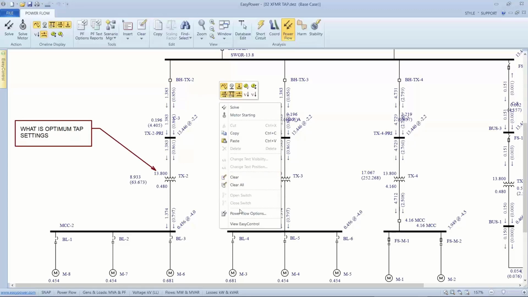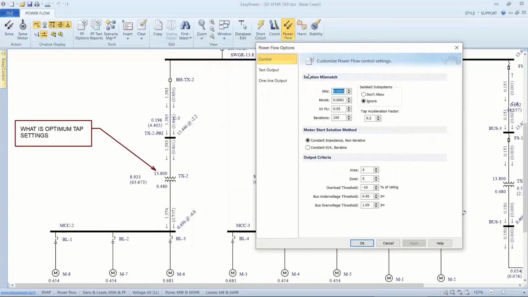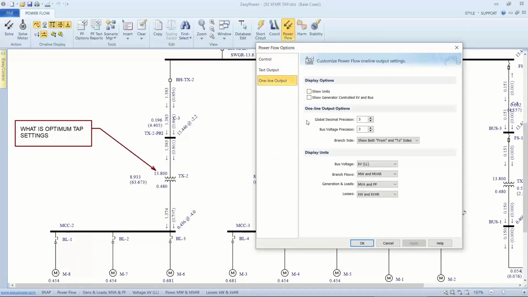If I go into my PowerFlow options, I can see what the units are on my one-line output. For branch flow, I'm looking at megawatts and megavars. So this particular branch is supplying 1.383 megawatts and is being pushed along by 0.856 megavar of reactive power.